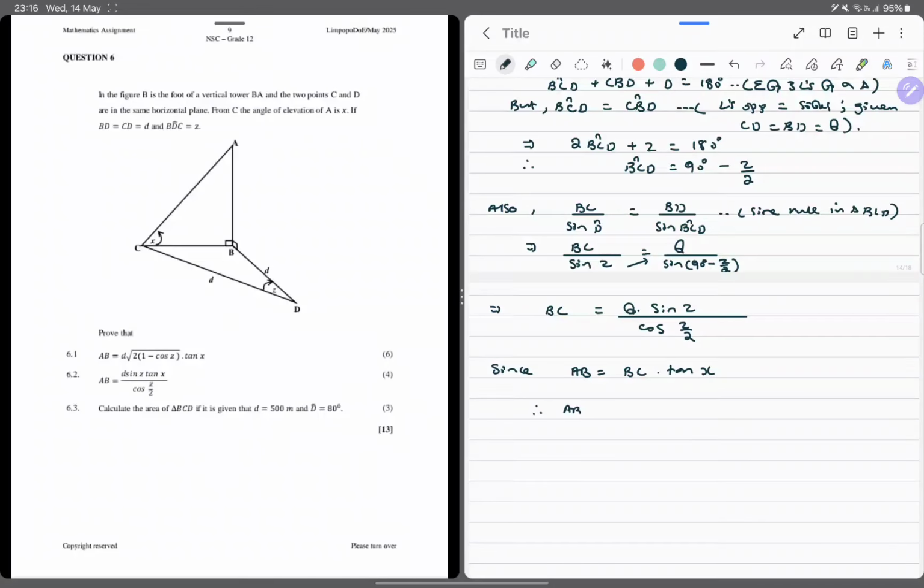It follows that AB is going to be, now instead of BC we put D sine Z divided by the cosine of Z over 2 times the tangent of X. Now this is over 1. Therefore, perhaps we may say implications before conclusions. Okay, therefore we can say this is going to be D sine Z times tan X. Remember, numerators multiply as well as denominators. Okay, it's done.